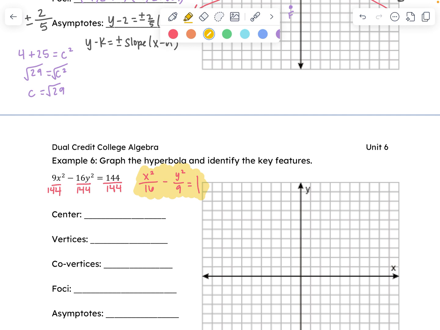Okay, if you look, our x comes first, which means we are going to be parallel with the x-axis. And so we're going to open sideways. My center, if you notice, there's nothing being added or subtracted from the x and the y, so that means my center is 0, 0 at the origin.